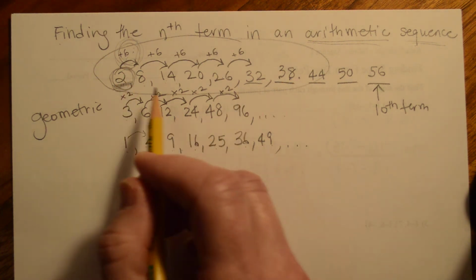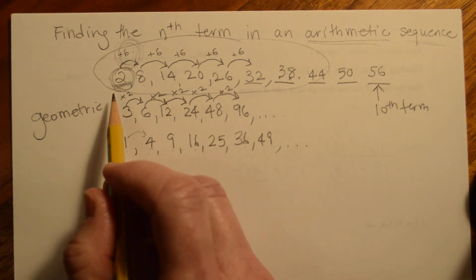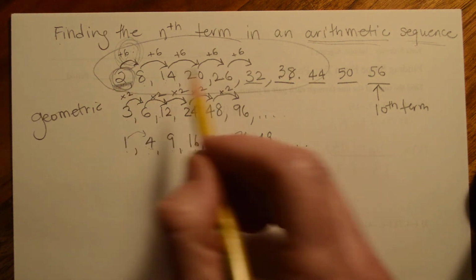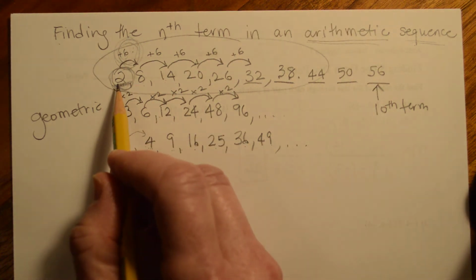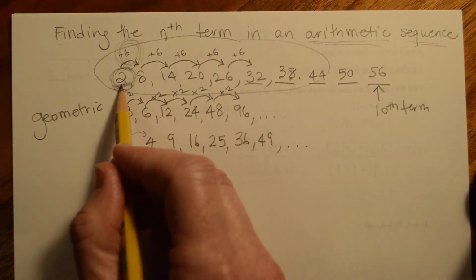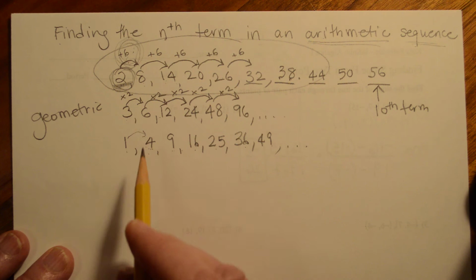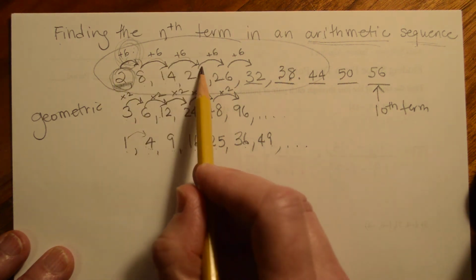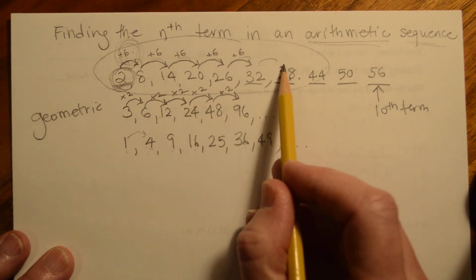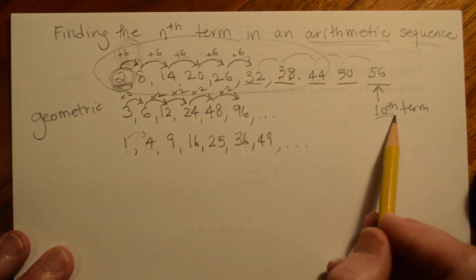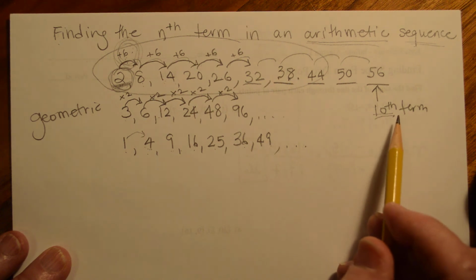Right? So to get to, let's say, the 10th term for right now, we want to know, how many jumps did we take, how far was each jump, and where were we starting from? So for example, here, to get to the 10th term, we had to make 1, 2, 3, 4, 5, 6, 7, 8, 9 jumps. So to the 10th term, there were 9 jumps.